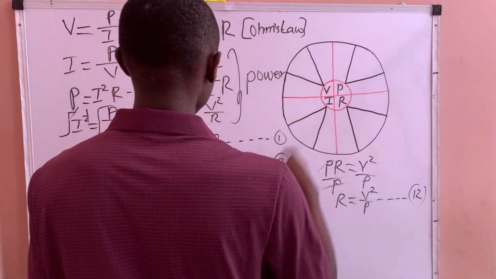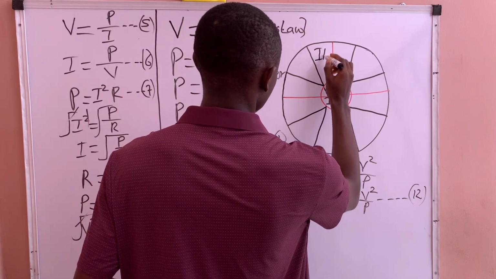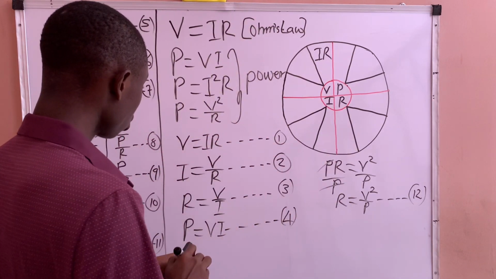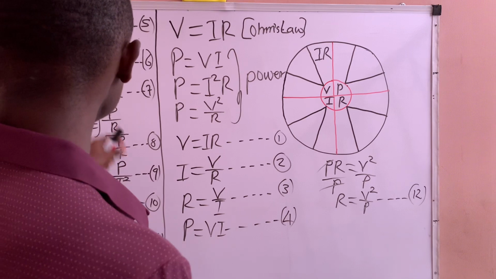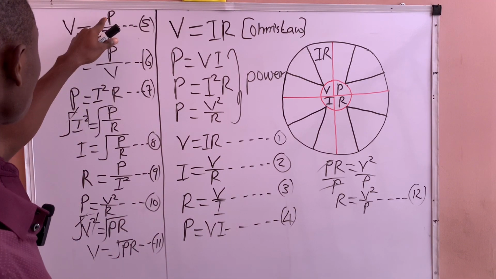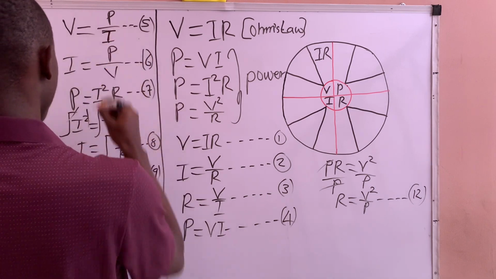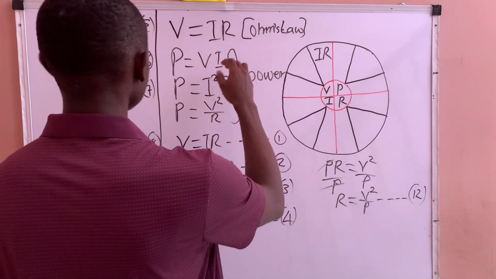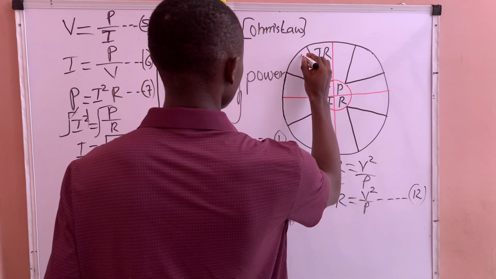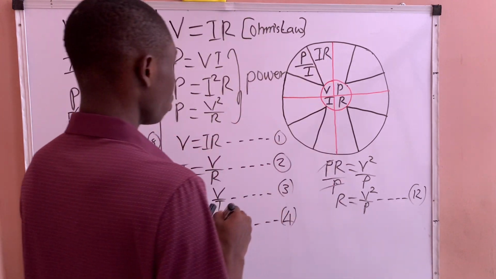So for V, we have that V is equal to I R. Also, from equation 5, V is equal to P all over I. So we input that V is equal to P all over I. We are done with that.